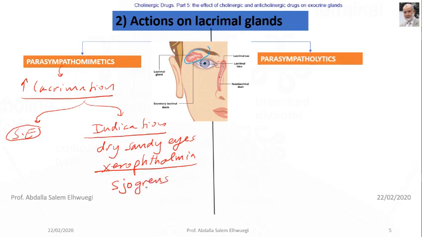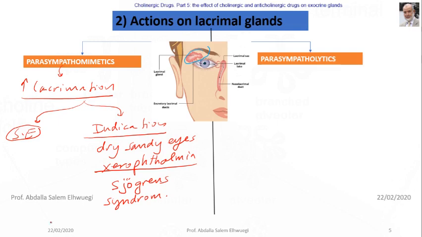Usually these patients suffer from xerophthalmia and xerostomia as well, because, as we have said, Sjogren syndrome is an autoimmune disease in which the body will consider the salivary gland and lacrimal gland as foreign, and it will form antibodies which will destroy the lacrimal gland and the salivary gland.